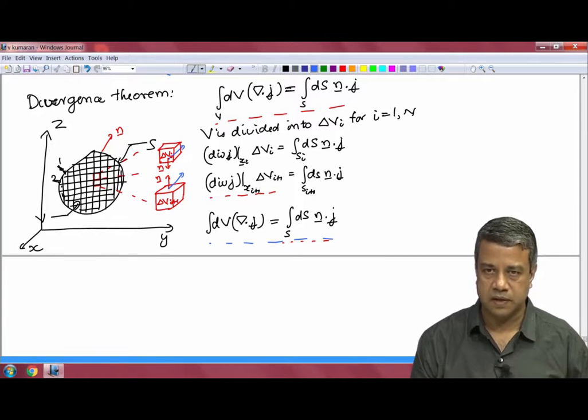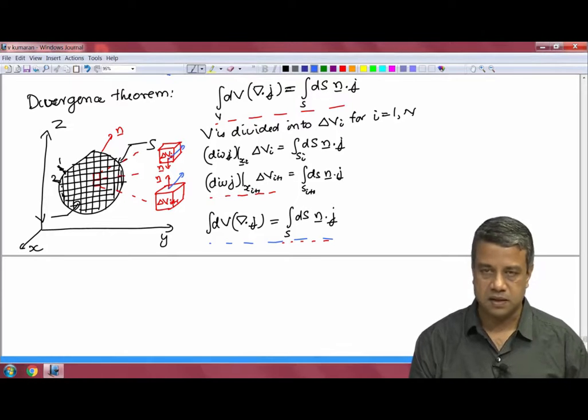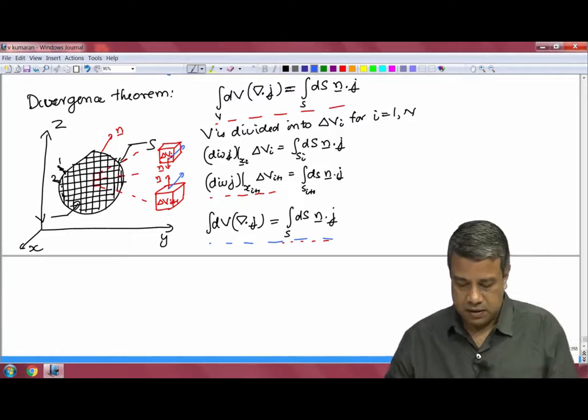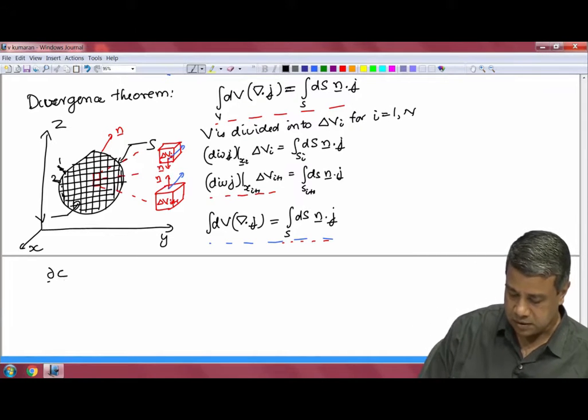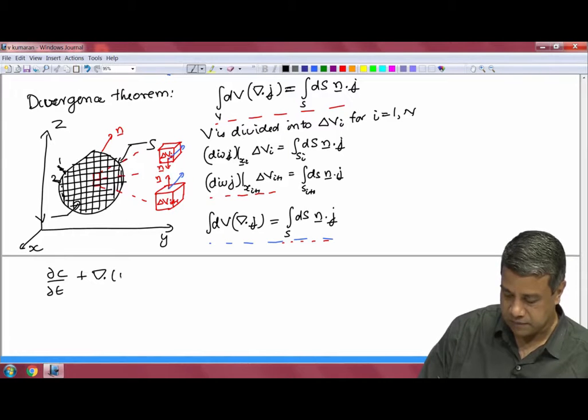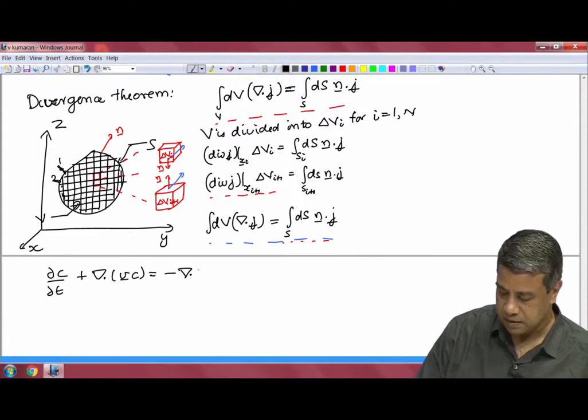They have unique values at a given location, independent of the underlying coordinate system used to analyze the system. So, this is a physical understanding of the operators that we had used in the conservation equation, the divergence of velocity times c is equal to minus the divergence of J plus S.